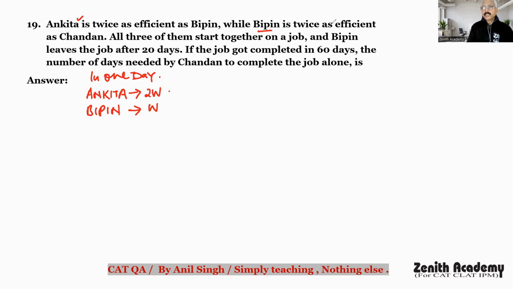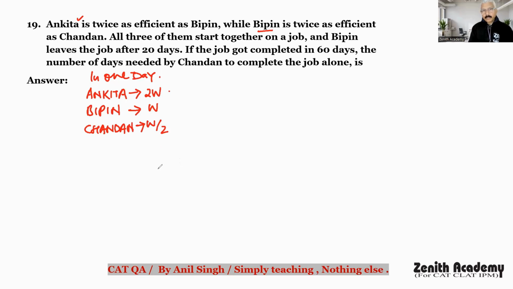And Bipin is twice as efficient as Chandan. So in the same day, Chandan will finish W by 2 work.